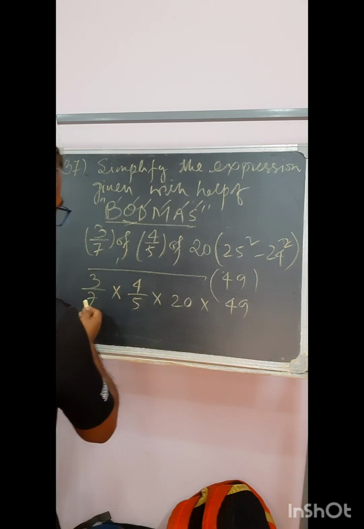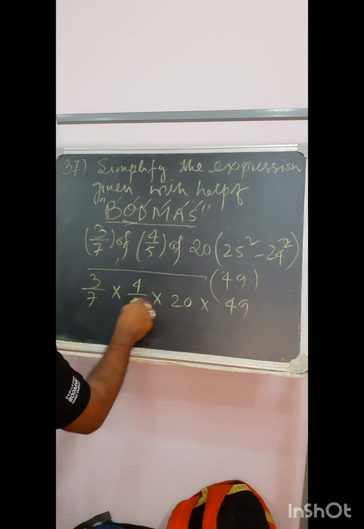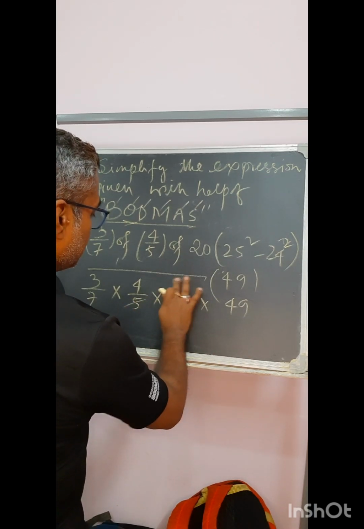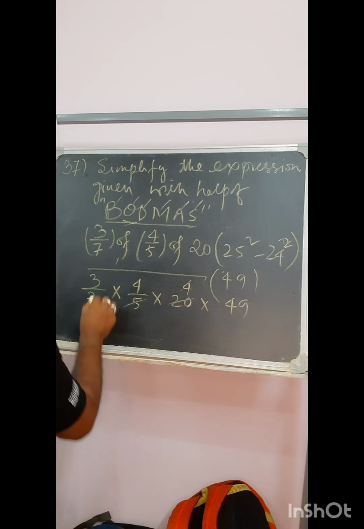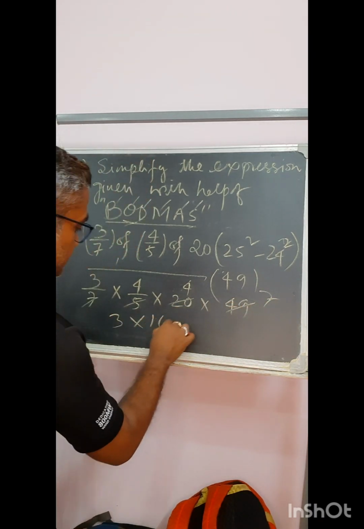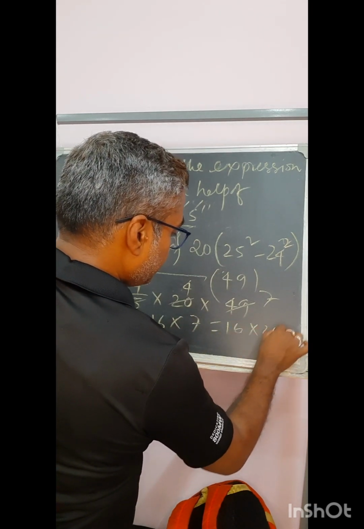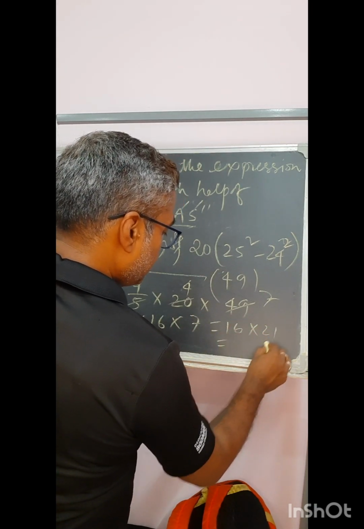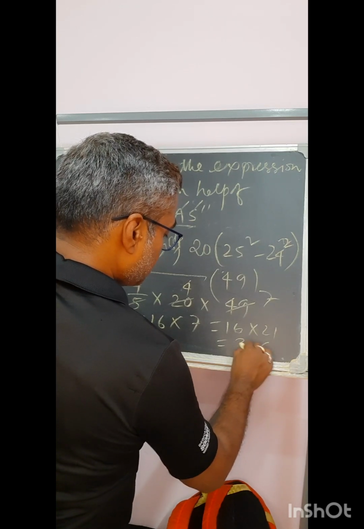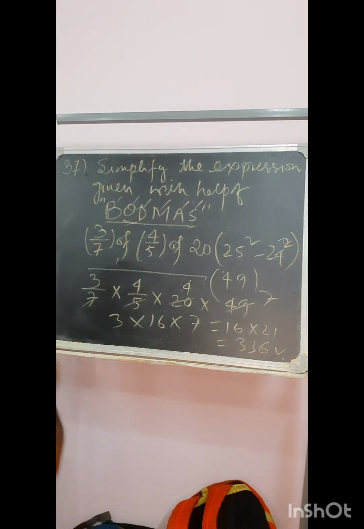Then further, no other operation is pending, so these are all multiplication. So straightaway start simplifying. So 3 into 16 into 7, that means 16 into 21 you can say. If I do it, 6, 32, 336. So this will be the answer.